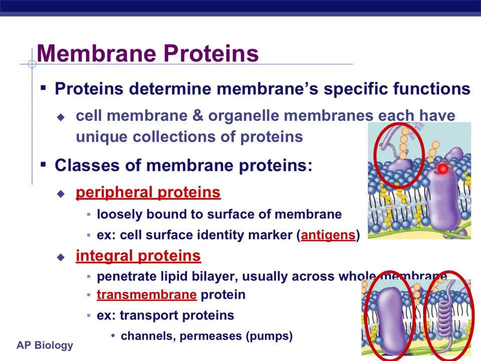They typically do a great job of helping with transport, specifically through a channel. Peripheral proteins are typically going to be some sort of identity marker, almost kind of like a bouncer at a door that's going to recognize specific markers and then decide how the cell membrane is going to respond to those specific markers.